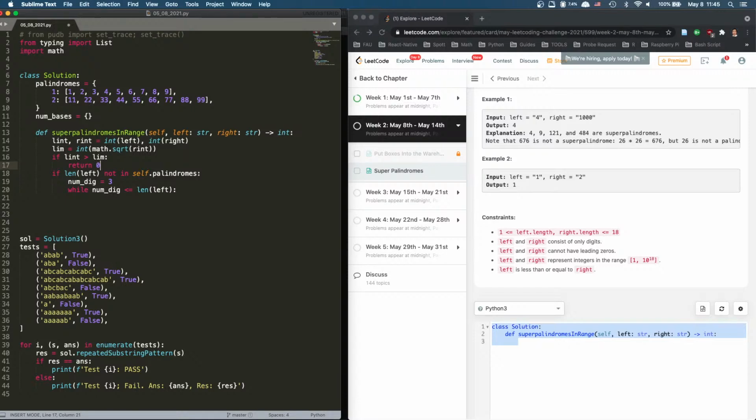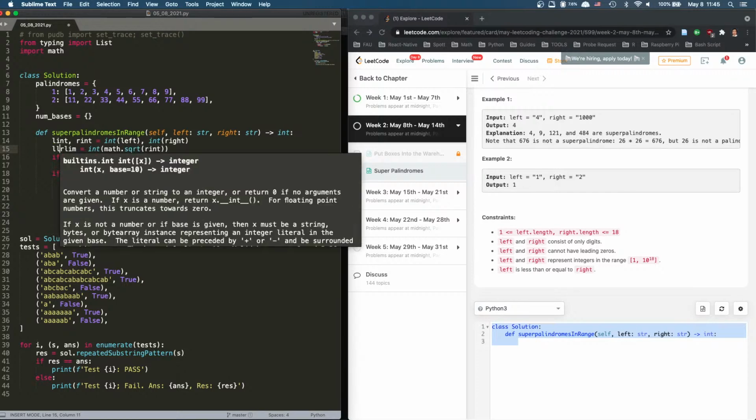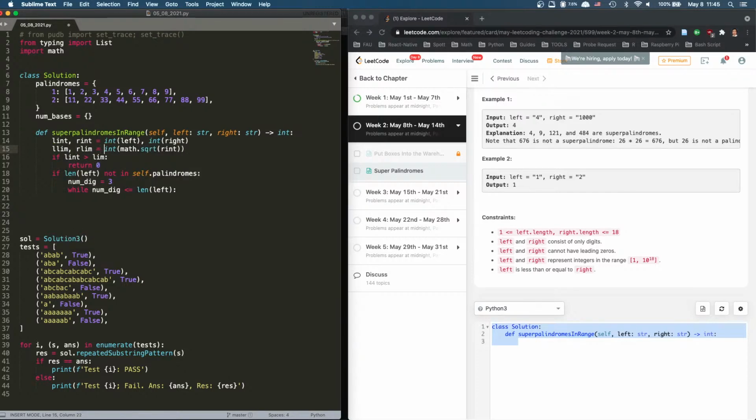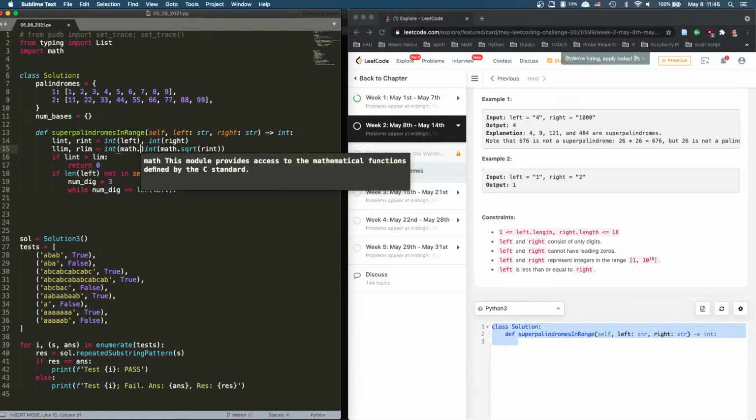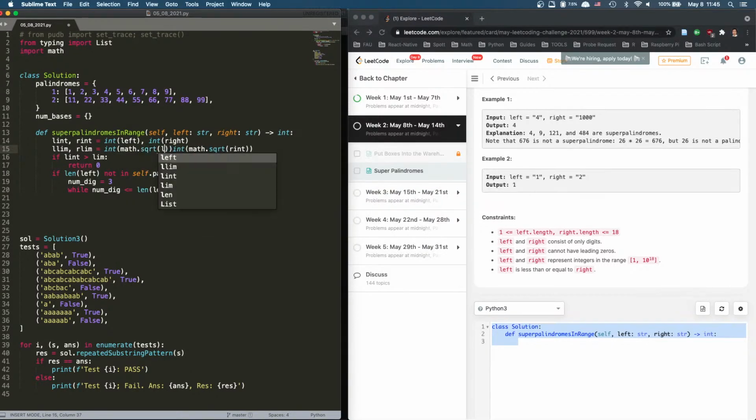So we have the limit on the base. Yes, I think we do need a left limit and a right limit. So that's going to be int(math.sqrt(left)) plus 1, right? That's the left limit. So we're going to work with left limit and right limit.